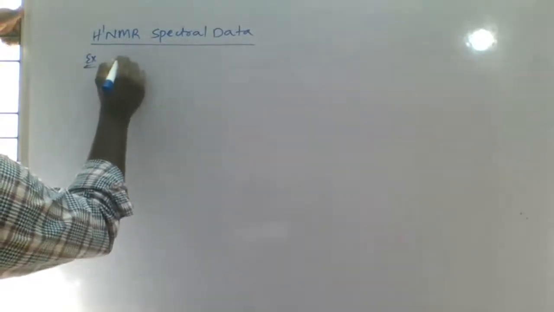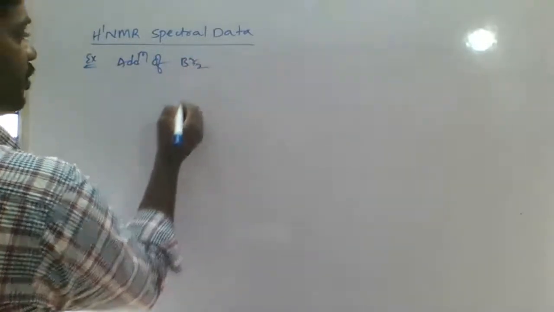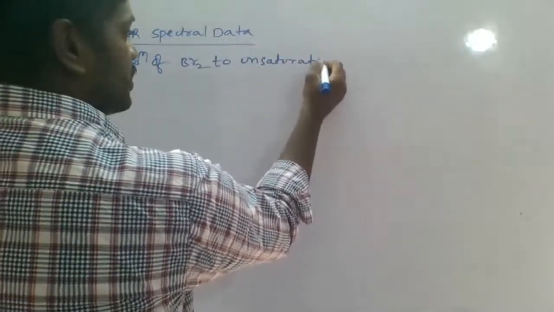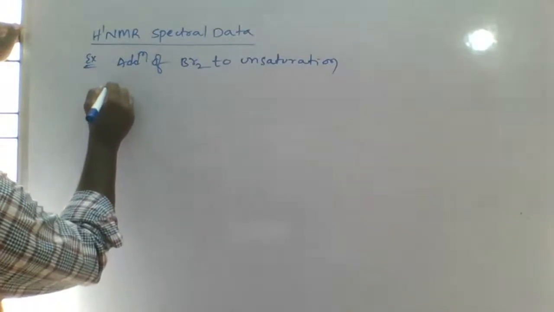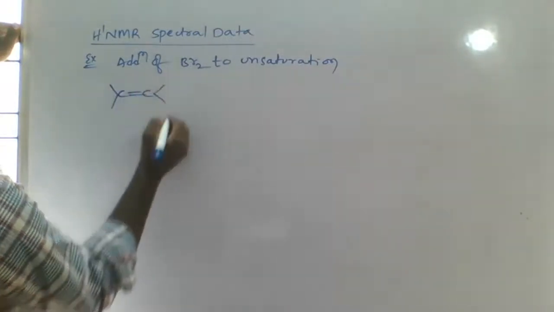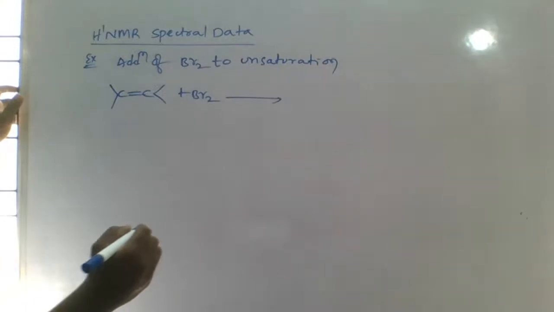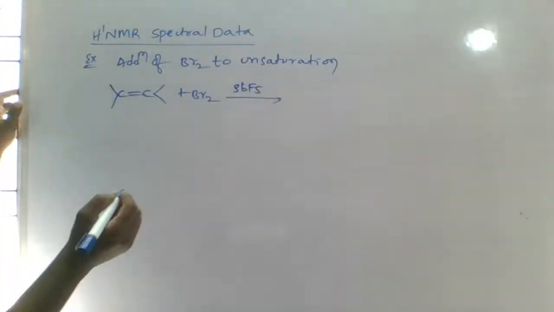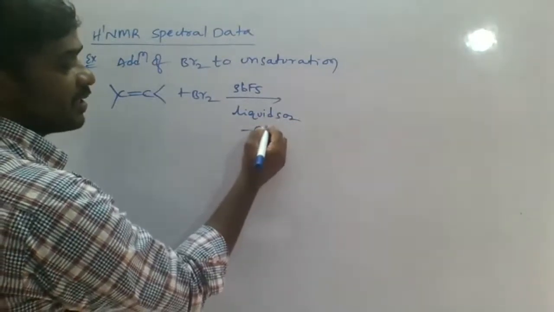For example, see here: addition of Br2, bromine, to an unsaturated compound, using SbF5, already discussed, in liquid sulfur dioxide at minus 60 degrees centigrade.